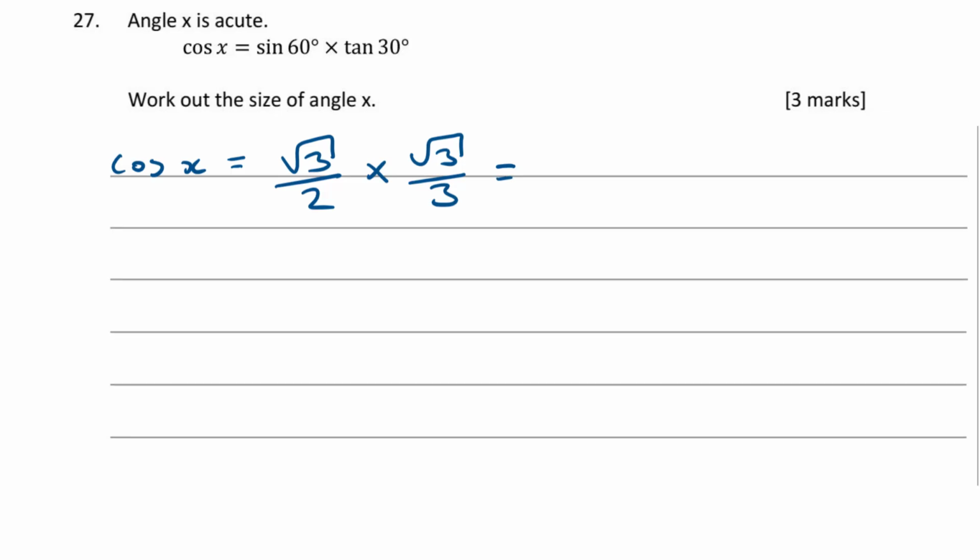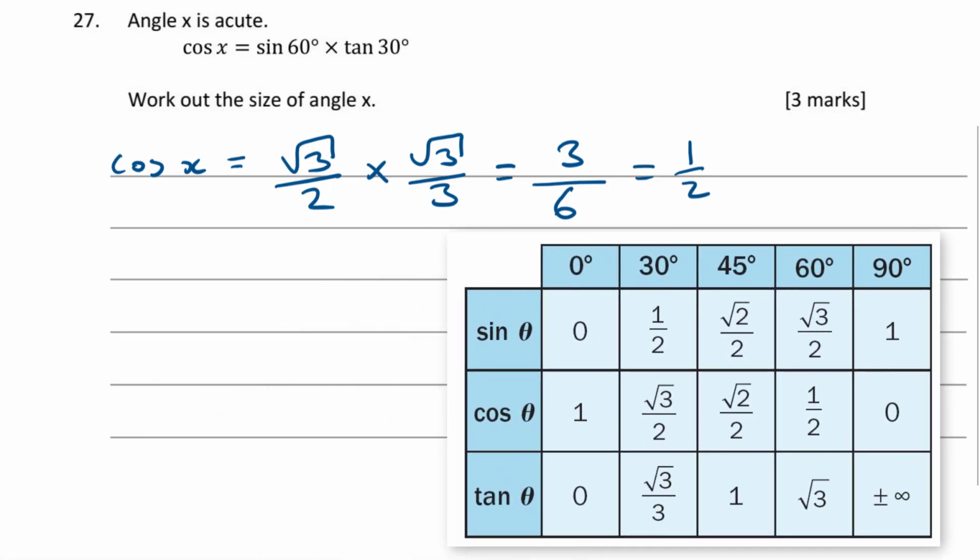Root 3 times root 3 is just 3, and 2 times 3 is 6. So we get 3 over 6, which is 1 over 2, or a half. So what angle has a cosine of a half? Again, if you know all your exact values, x must be equal to 60 degrees because cos 60 equals a half.